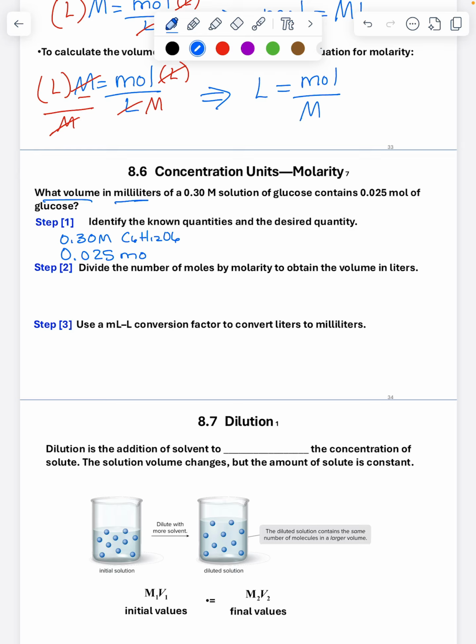Okay, and so we want to have our new equation, so let me rearrange that again for you. We're solving for liters. Since liters is in the denominator on one side and we need it on the other side of the equal sign, here's a quick tip.